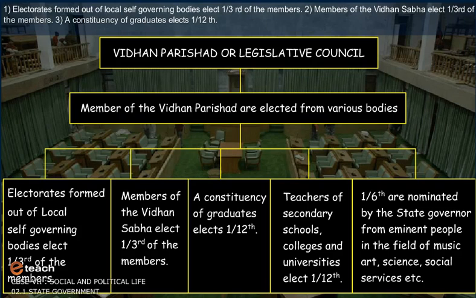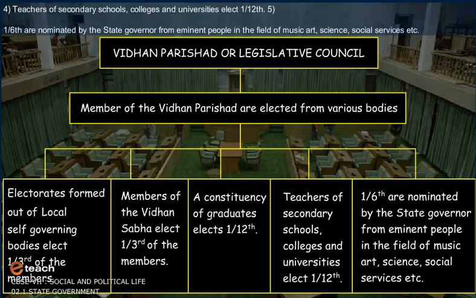A constituency of graduates elects 1/12. Teachers of secondary schools, colleges and universities elect 1/12. 1/6 are nominated by the state Governor from eminent people in the fields of music, art, science, social services, etc.